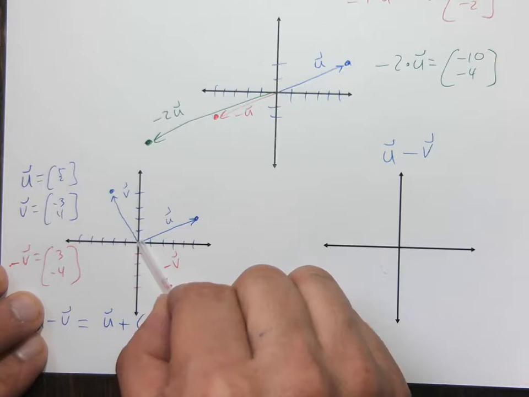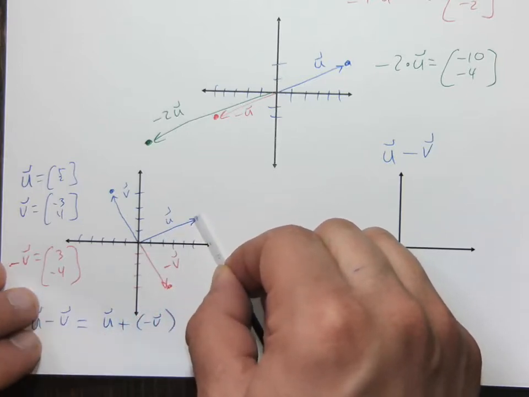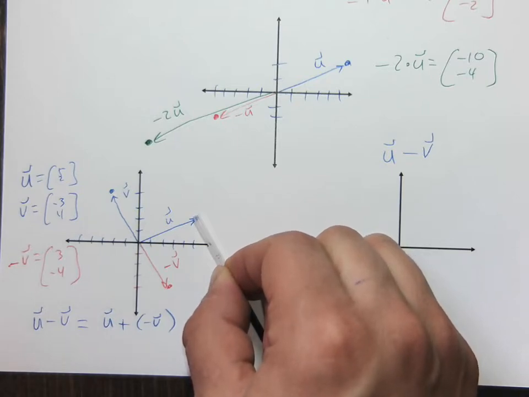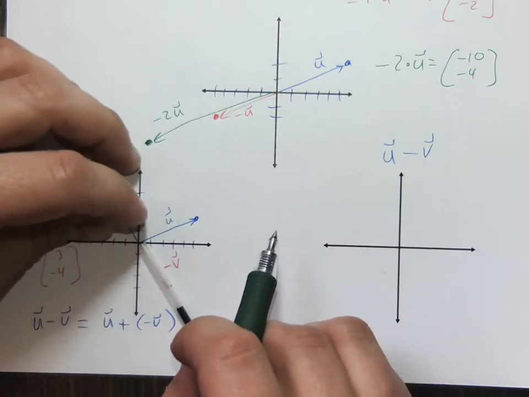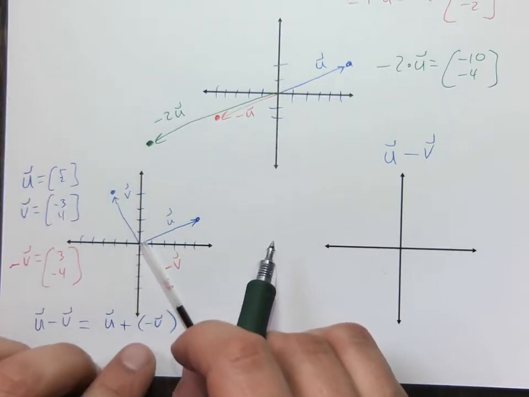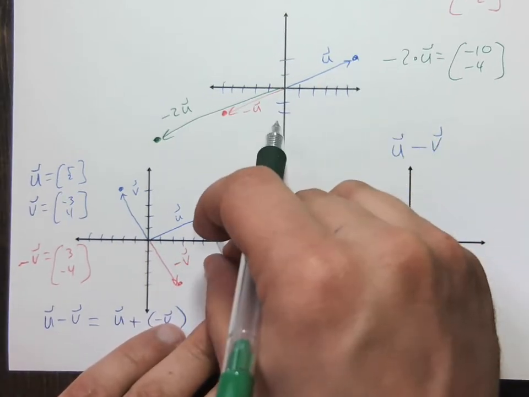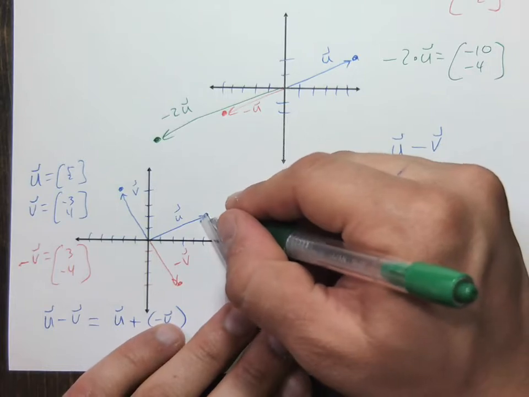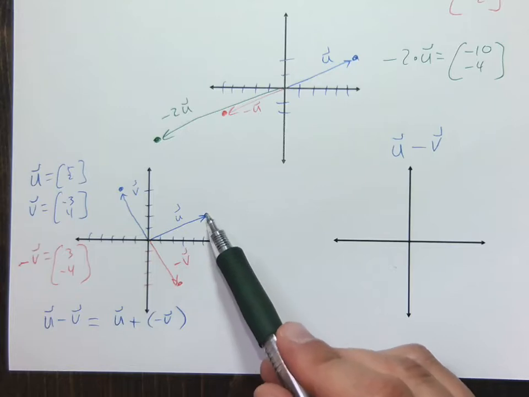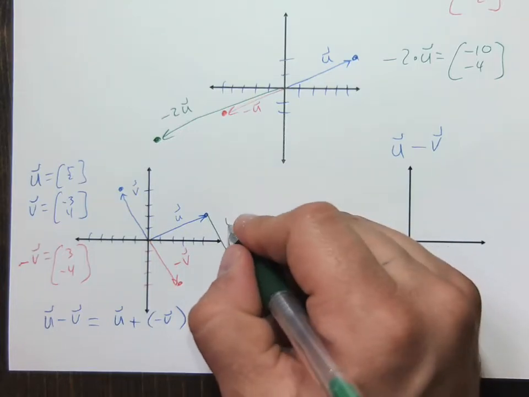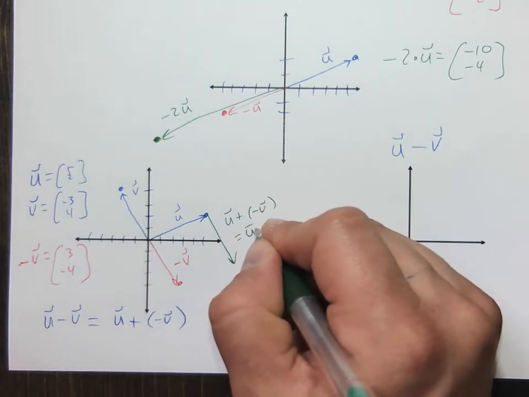There's minus v. Then we slide it over to u, and this is going to be u minus v. Right, so I just copied minus v and added it to the end of u. And so this green line is going to be u plus minus v, or u minus v.